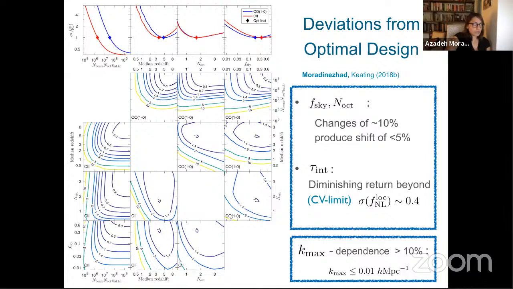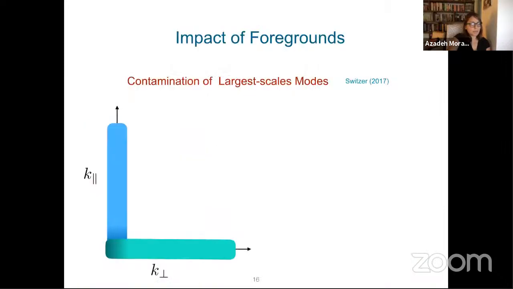And so just to summarize this part, it seems like when you want to design the survey, the first thing you have to worry about is the frequency coverage, in addition to the sky coverage that we always talk about. So what matters is the total co-moving volume and not only the sky coverage.